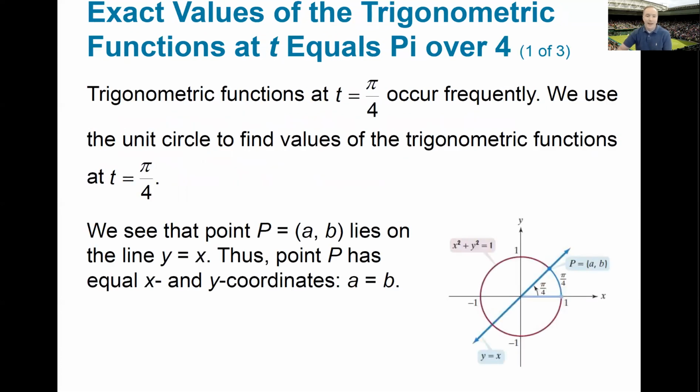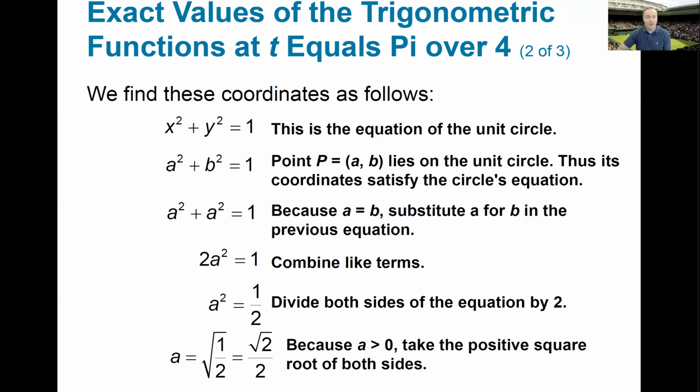Now, trigonometric functions at angles that split the quadrants, so go in increments of pi over 4, occur frequently. So we need to be comfortable with those. And anything at pi over 4, you automatically should know the sine and cosine have the exact same absolute value. They're going to be the square root of 2 over 2 each one. Where that comes from is, again, your unit circle definition.